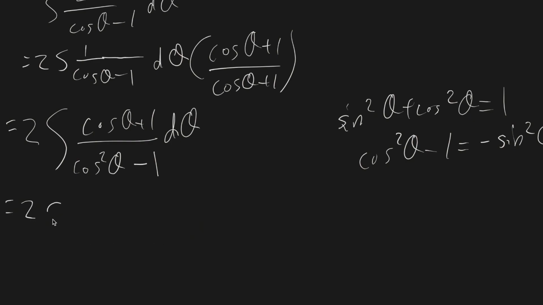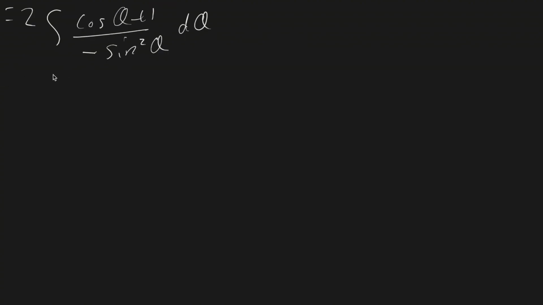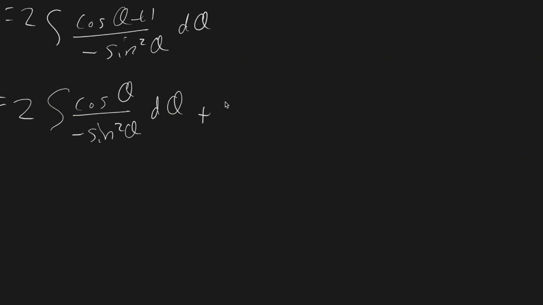So this becomes 2 times the integral of cosine theta plus 1 divided by negative sine squared theta d theta. We can break this into two different functions. So let's do that. This will become 2 times the integral of cosine theta over negative sine squared theta d theta plus 2 times the integral of 1 over negative sine squared theta d theta.